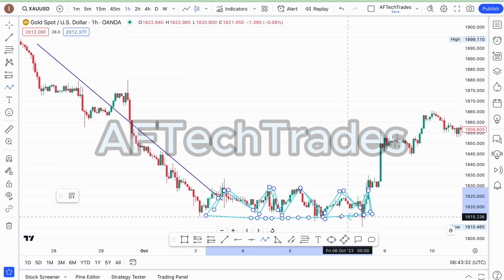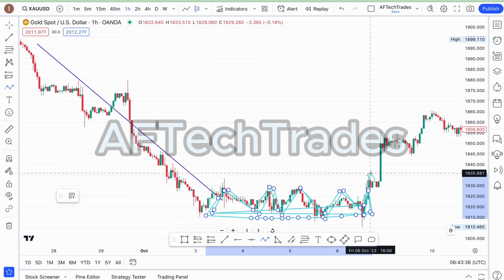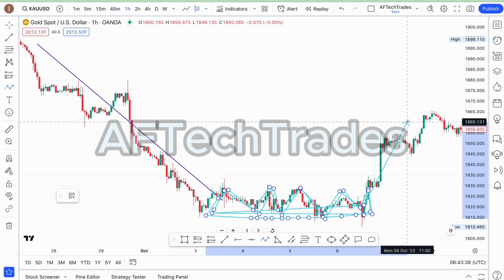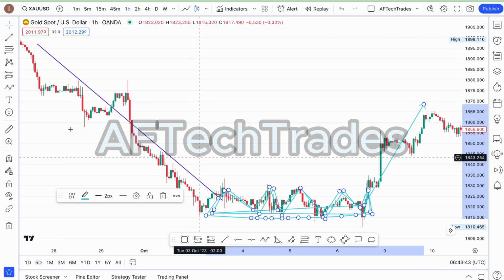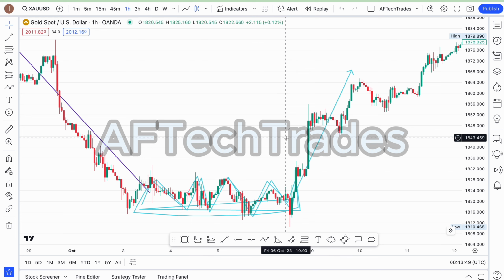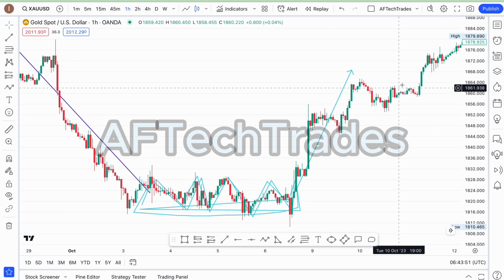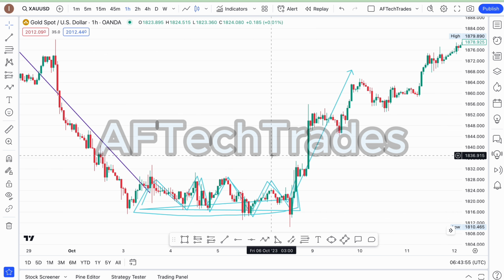It was just consolidating around this area before it finally broke out of the consolidation zone and went up. You can see it was in a downtrend, then it consolidated, then it broke out and went up into an uptrend. So this is just an example of a consolidating market.